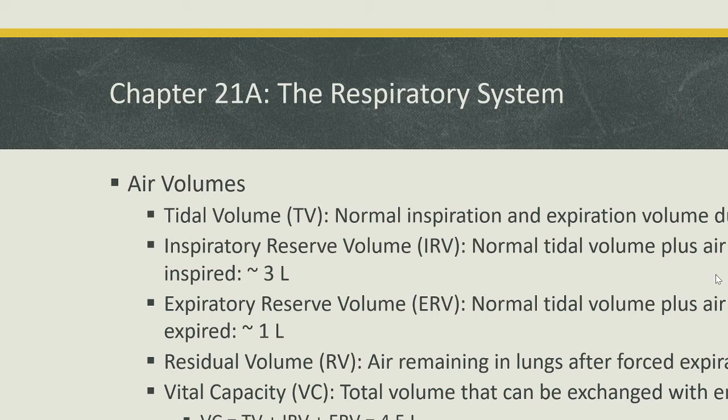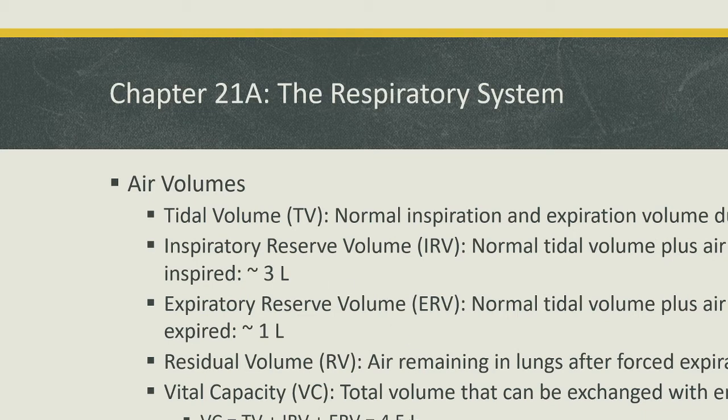See, based on how this is worded, it sounds like this inspiratory and expiratory reserve includes the tidal volume plus... I'd have to double check exactly how these terms are used, because I don't feel like this should be 4.5 liters.